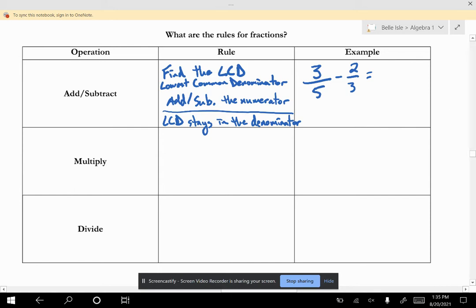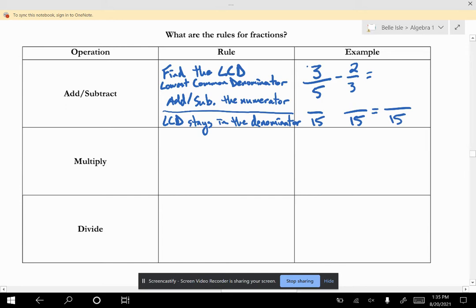So your first step is you're going to multiply your denominators together, and that will at least give you a common denominator. Will it always give you the lowest common denominator? No, not necessarily. So if we multiply those denominators together, what will that give us? 15. So 15 is going to be the denominator of my initial solution.